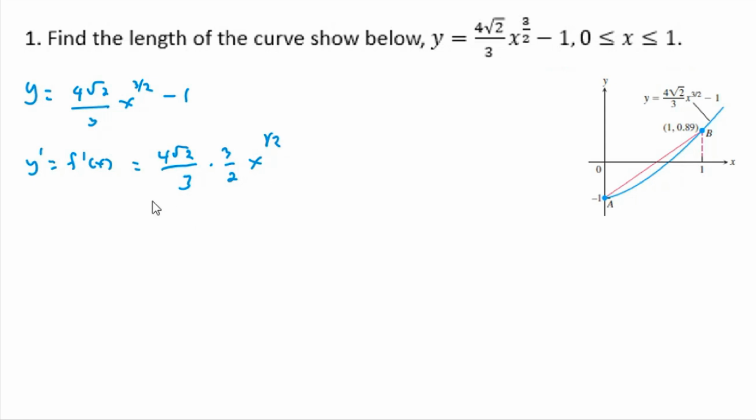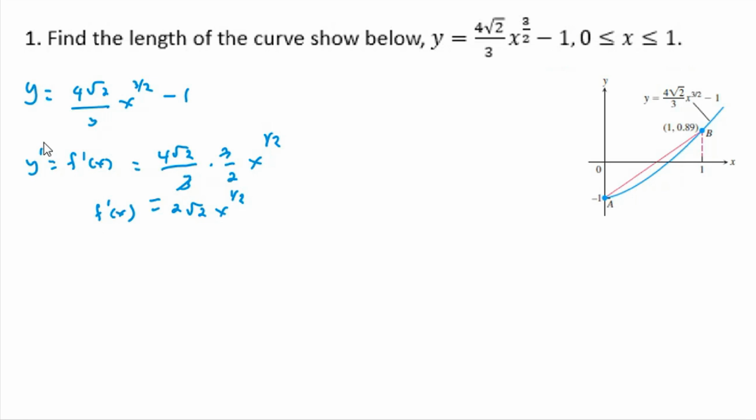Simplifying further, 3 is cancelled and 4 and 2 will be reduced. So we have 2 square root of 2 times x to the power of 1 half. This is now our f prime of x, or the derivative of the given function.